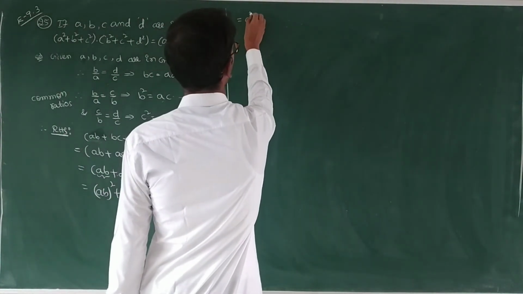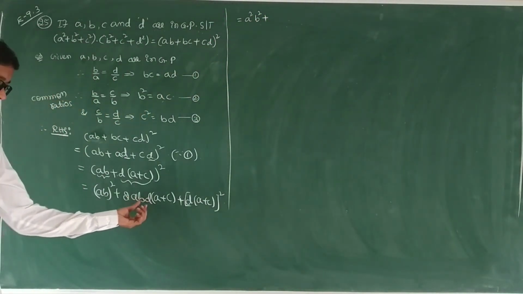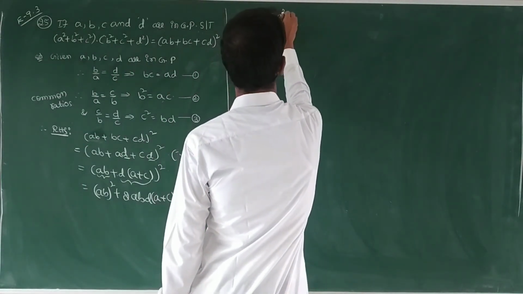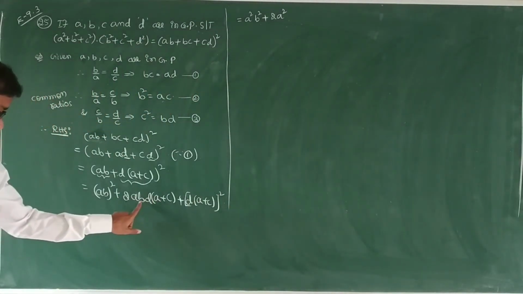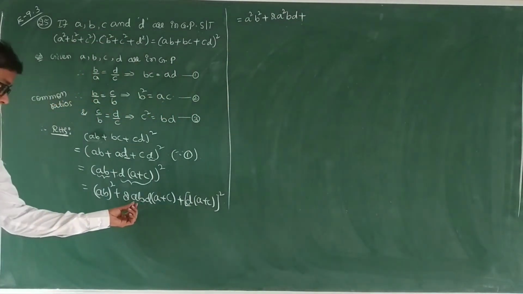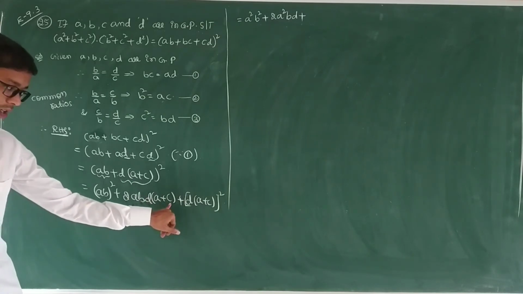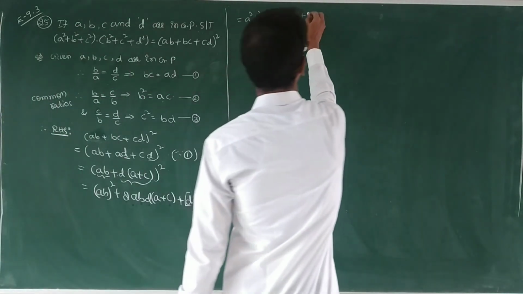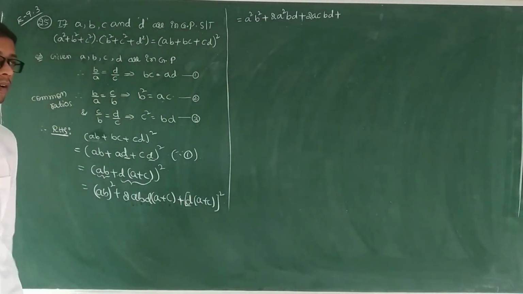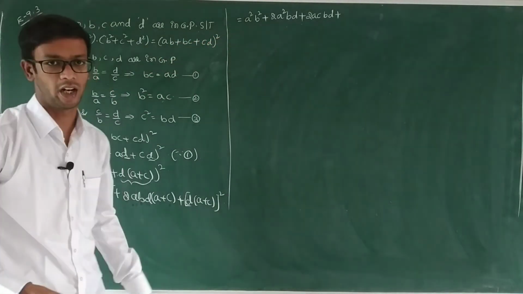So here A square B square plus this one multiplied inside. How much do you get? 2A square B D plus this multiplication, 2AC BD. Why? Because AC we have, no need to write it like this; ABCD also you can write, no problem.